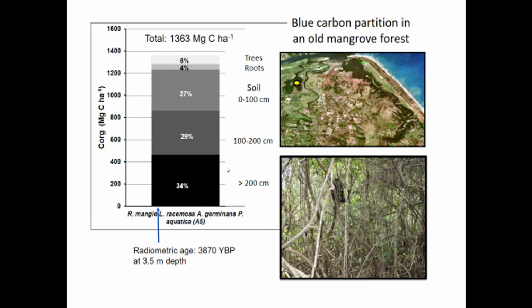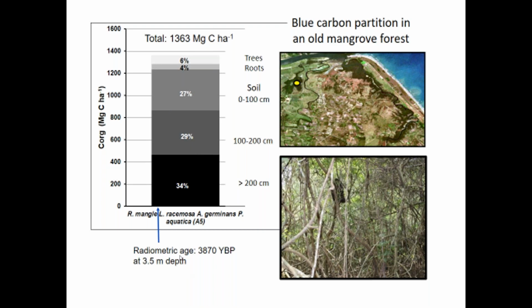And below 2 meters of depth, you have 34% of the biomass. That means that this carbon has been kept for long periods of time.